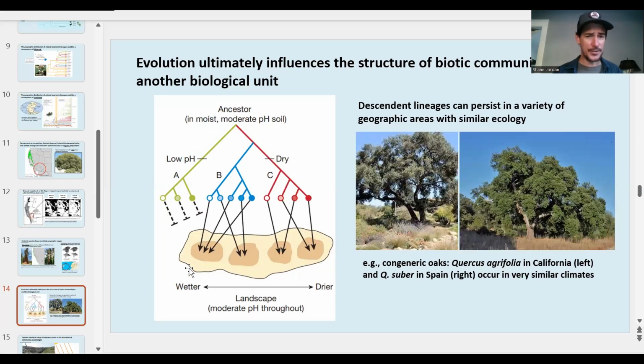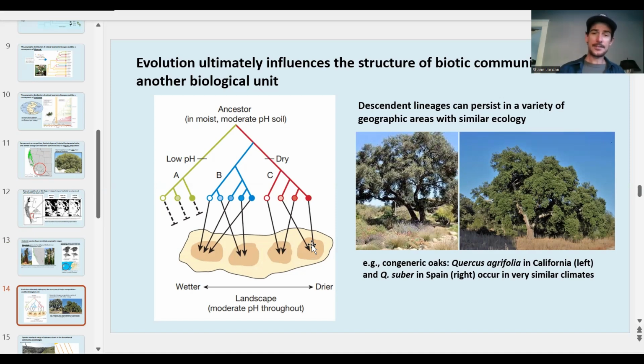And maybe the pH is moderate throughout this environment. And so because of this pre-adaptation, this lineage is able to diversify across this landscape, even into areas that are somewhat dry. Maybe new mutations arise that allow different populations within this lineage to still survive in conditions that are relatively dry.